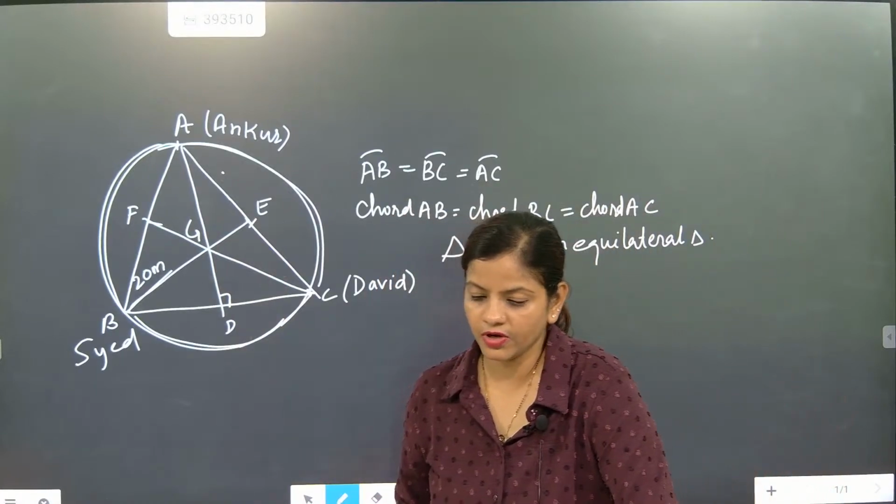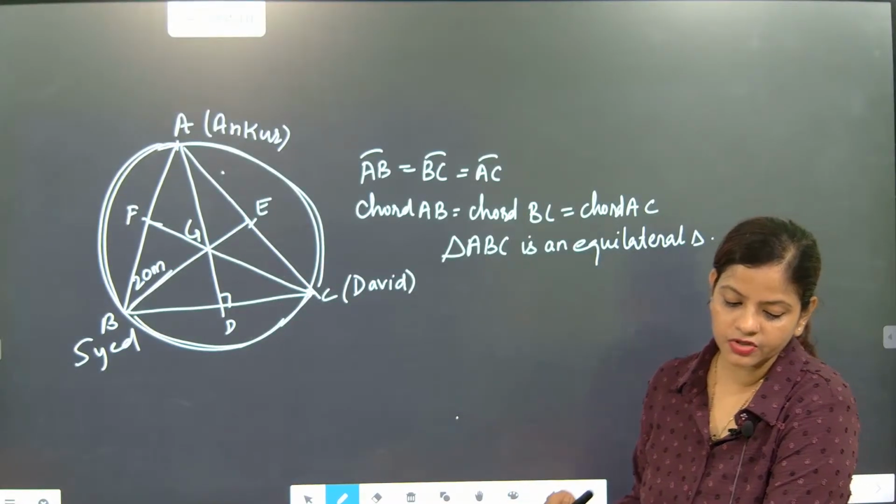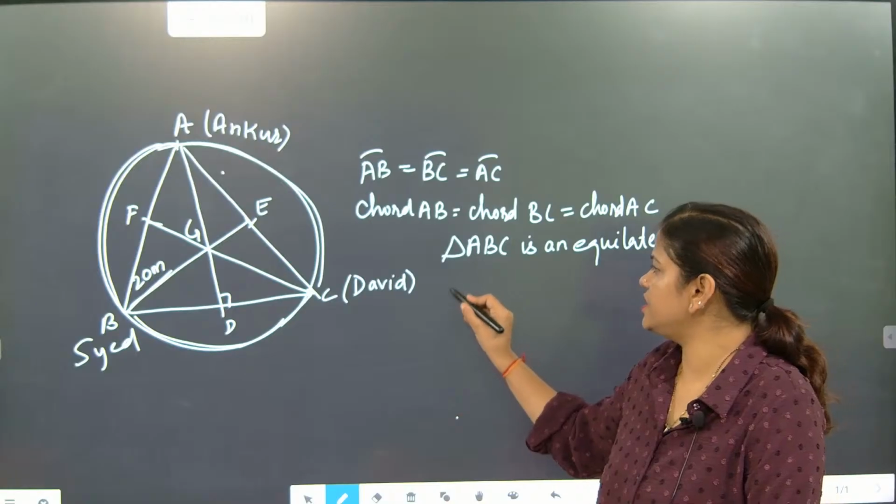G is considered as the centroid of a triangle. Understood? What is G, beta?